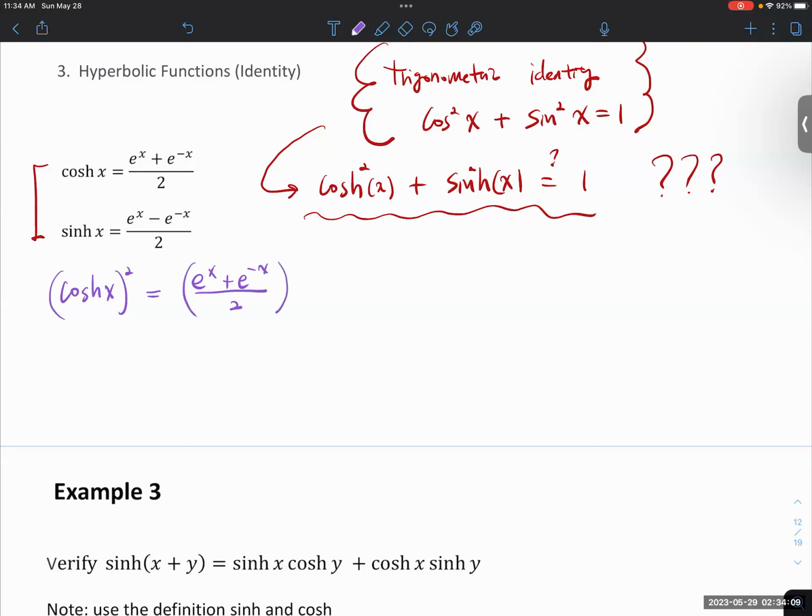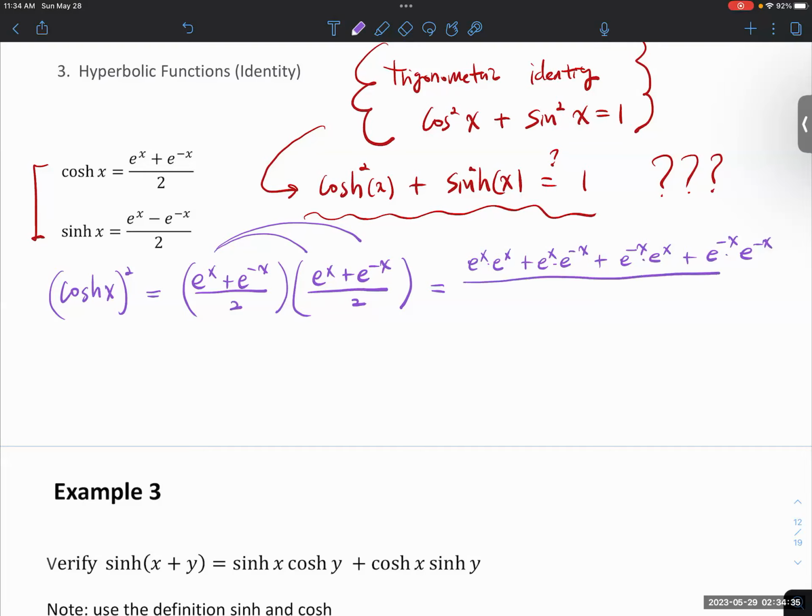Basically, I'm multiplying the same thing twice, so let's do the distributive property, all the rainbow. e to the x times e to the x, plus e to the x times e to the negative x, plus e to the negative x times e to the x, plus e to the negative x times e to the negative x, over 2 times 2, that is 4.